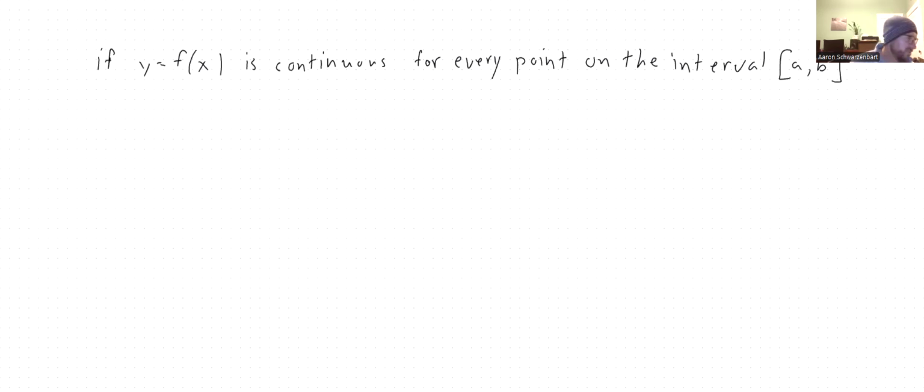And it is differentiable at every point, meaning the derivative exists, so it's smooth. So this doesn't have to be the endpoints, but it does have to be every point in between.